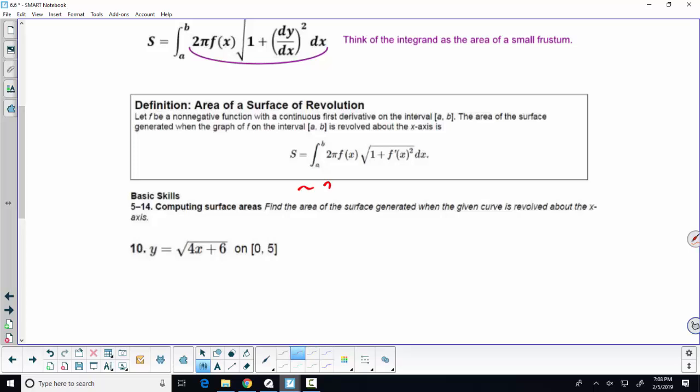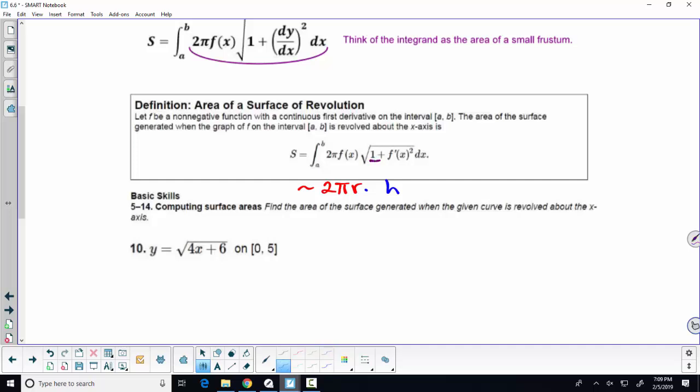So this is kind of thinking about this as 2 pi r times h in that linear, simplistic example, if you need to. It's only a slight modification to what we were computing in the previous section.